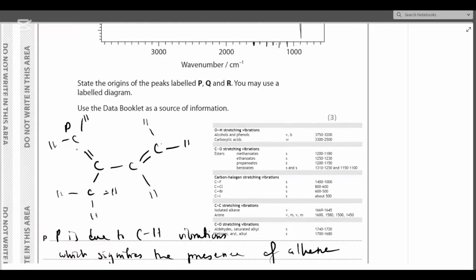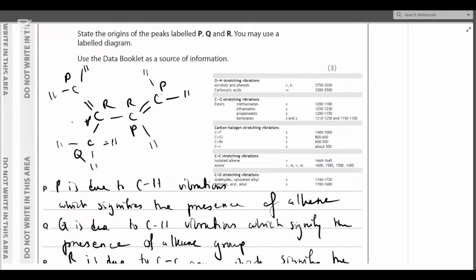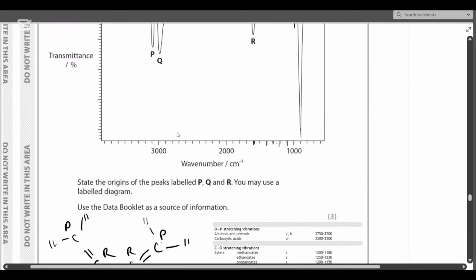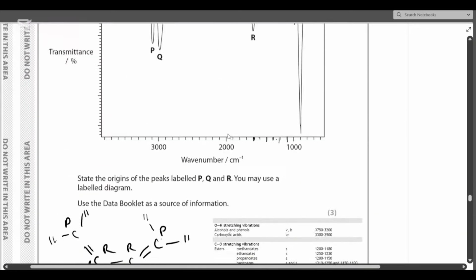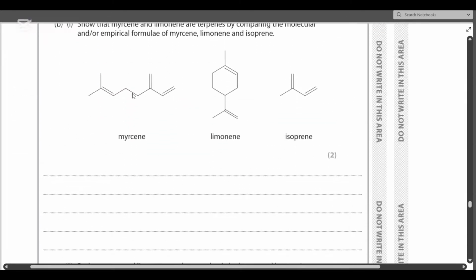So this one is going to have P due to this one, and this is for R. That is also for R, and this is going to have P, and for this we have Q because it is a methyl group down here. For this you're going to have also P, and again, this is it. For this we're going to have P as well. So this is how you basically label the whole structure after the analysis from the infrared spectrum of isoprene as shown. Next question, moving on.